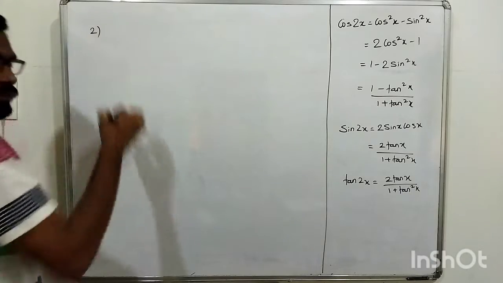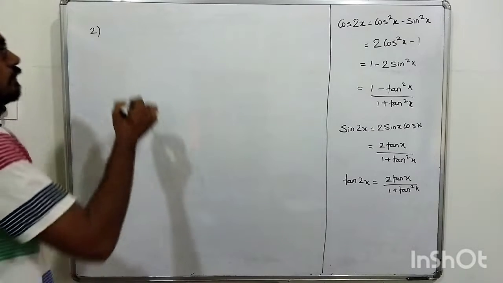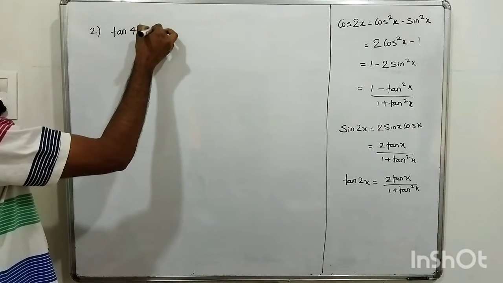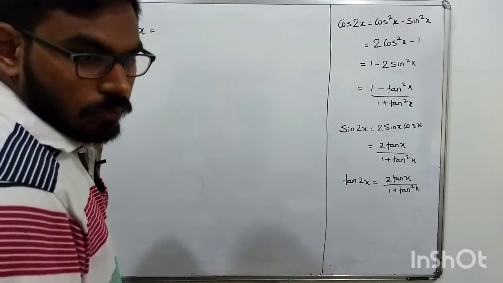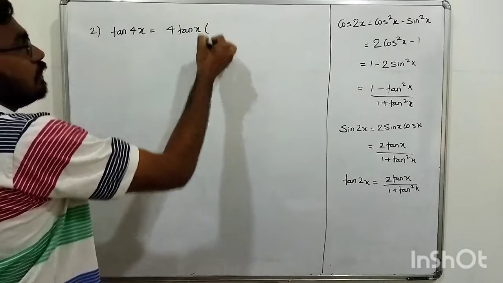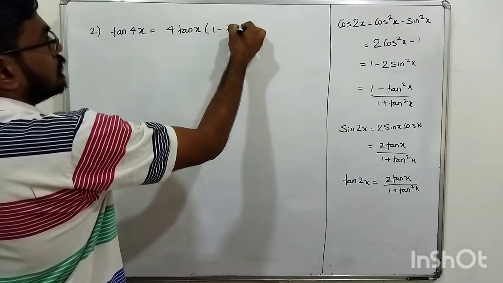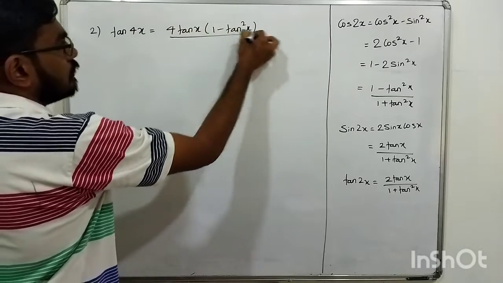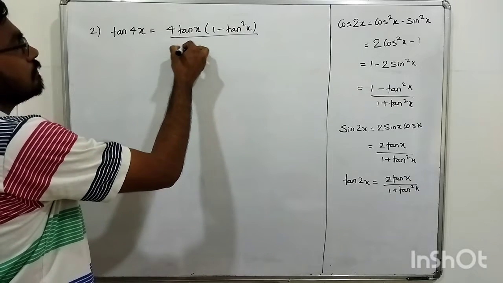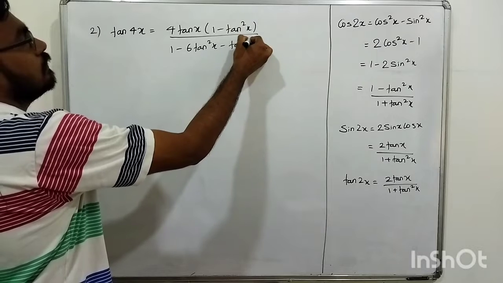Second, tan 4x. Okay, tan 4x is 4 tan x into 1 minus tan square x upon 1 minus 6 tan square x minus tan raised to 4x.